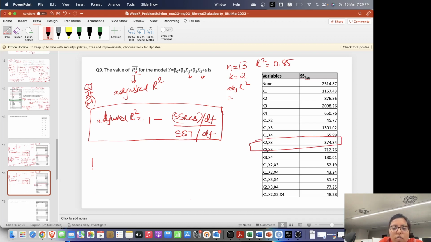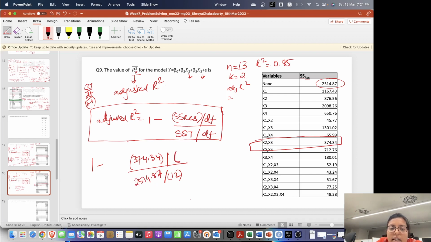So we would have this as 374.34 by degrees of freedom, I am coming to it. Now SST will also always have degrees of freedom n minus 1, so n minus 1 will be 12. And the sum of squares total, where none of the variables are fitted, was 2514.87.